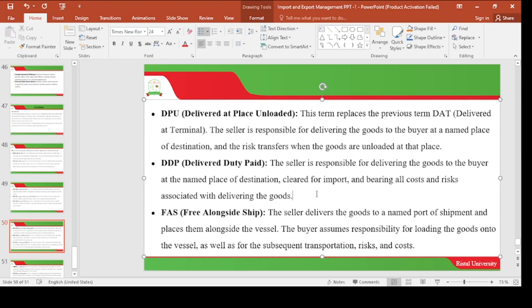So the buyer, you're responsible for loading these goods onto the vessel that you are using and moving these goods until your final destination. So all the transportation cost and the risks that are associated during that transportation are also borne by the buyer.